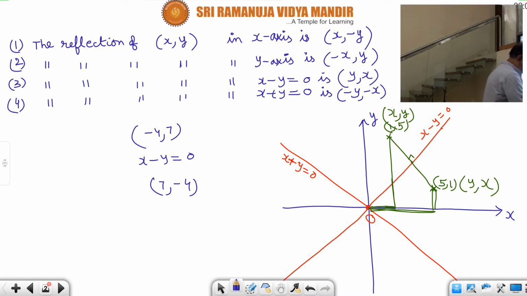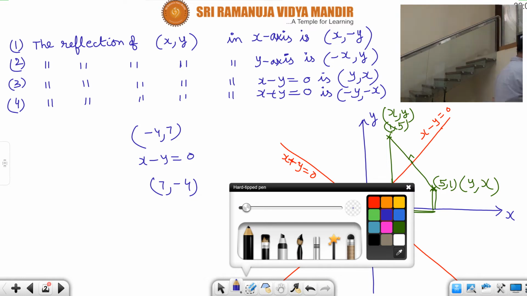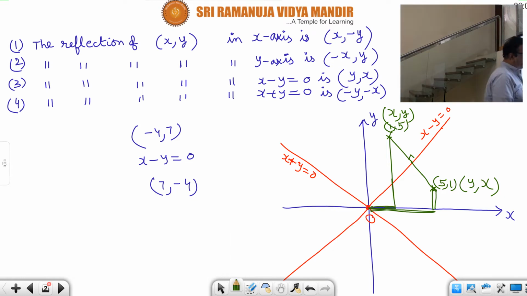See here in the diagram, our point is 1 comma 5, is it not? This line x plus y is equal to 0 is here. So if you take the reflection of 1 comma 5, drop a perpendicular and produce it, you will get the point in the third quadrant. So it will be minus 5 comma minus 1. That means it is the reflection of 5 comma 1.